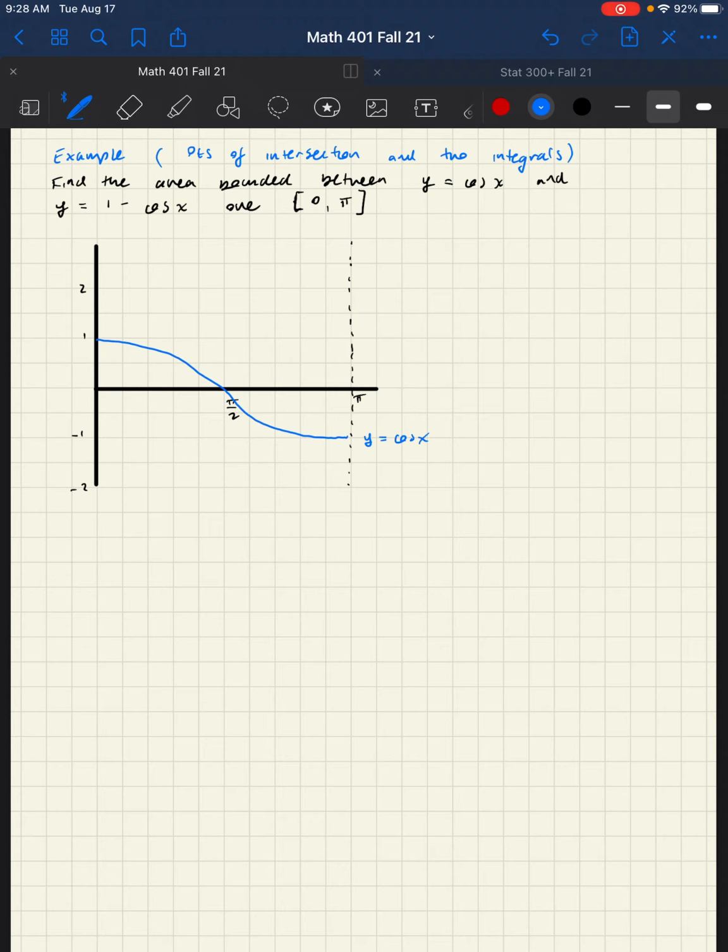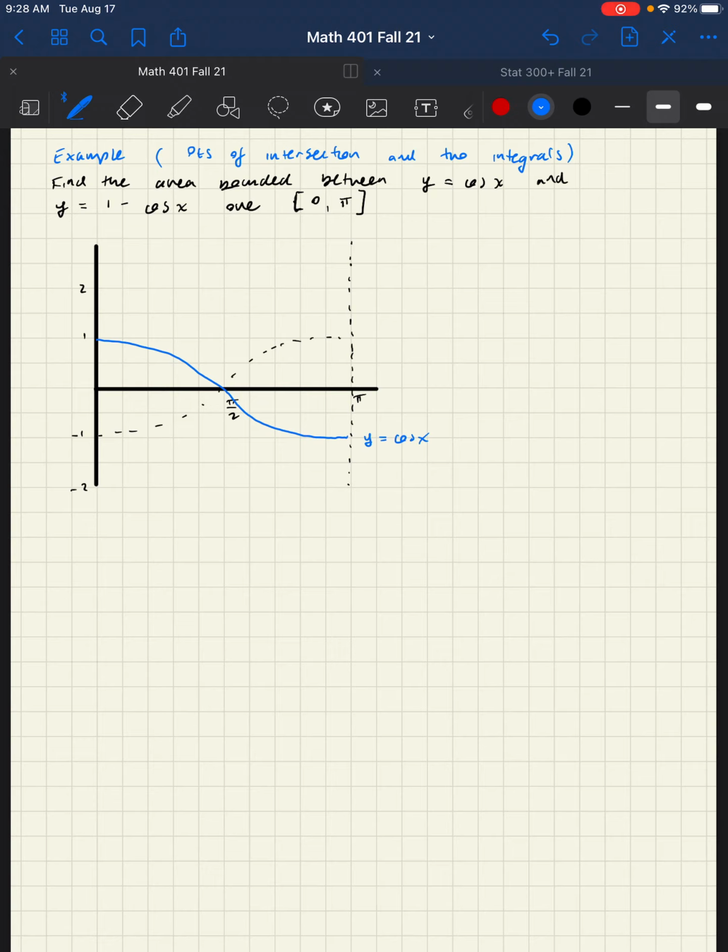As for 1 minus cosine of x, two things are happening there. First, it's shifted up by 1, and it's reflected across the x-axis, okay? So we know that if we reflect it, it'll look like this. And I'm going to erase the work that I'm doing here in a second, but if I reflect it, it'll look like this.